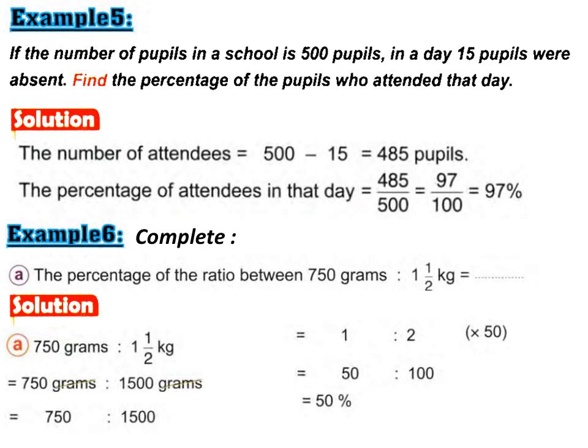Okay, another slide. Letter B: 25% of 400 LE. 25% of the total money, 400 LE. We multiply the total number 400 by 25%. By using your calculator, 25 over 100 times 400 equals 100 LE.